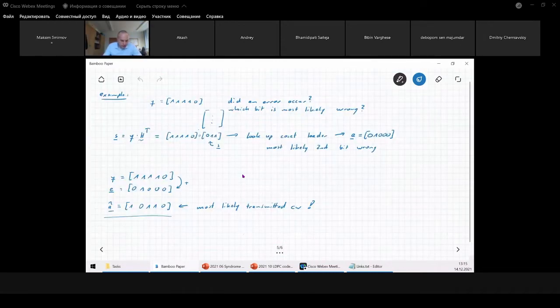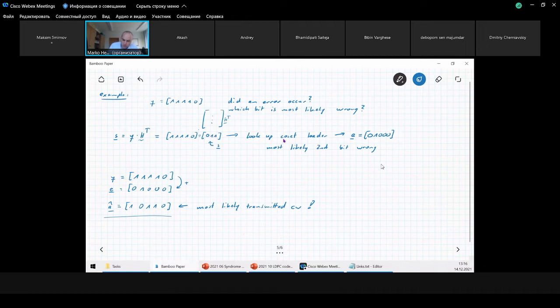Okay, and if we know this coset table, we can use it to correct errors. So for example, if we receive a certain sequence, we just calculate the syndrome by multiplying with H transpose again, getting the syndrome.